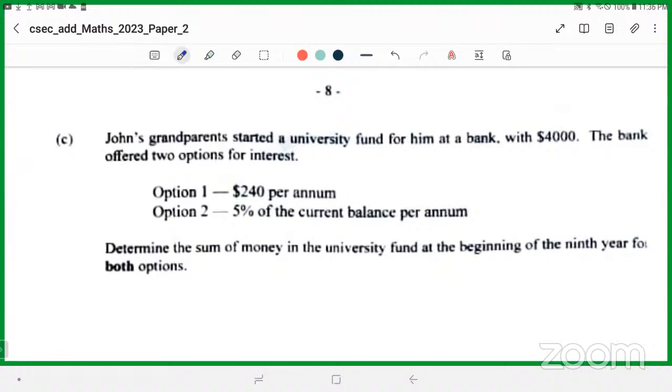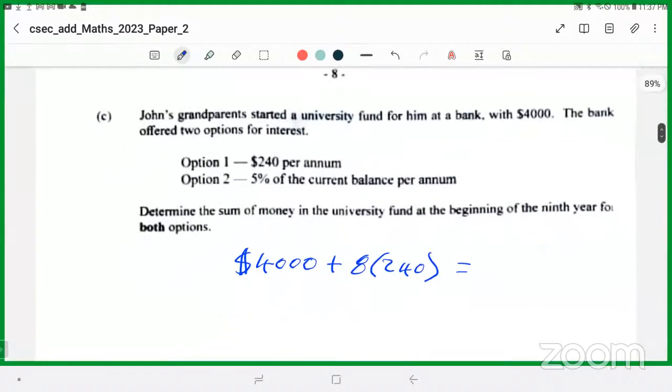So you're saying, you get the 4,000 and you add the amount 8 times, right? Yes, sir. You added the 240 8 times. So you work that out. And then for this one now, you had 4,000 and you have multiplied it by 1.05 8 times.